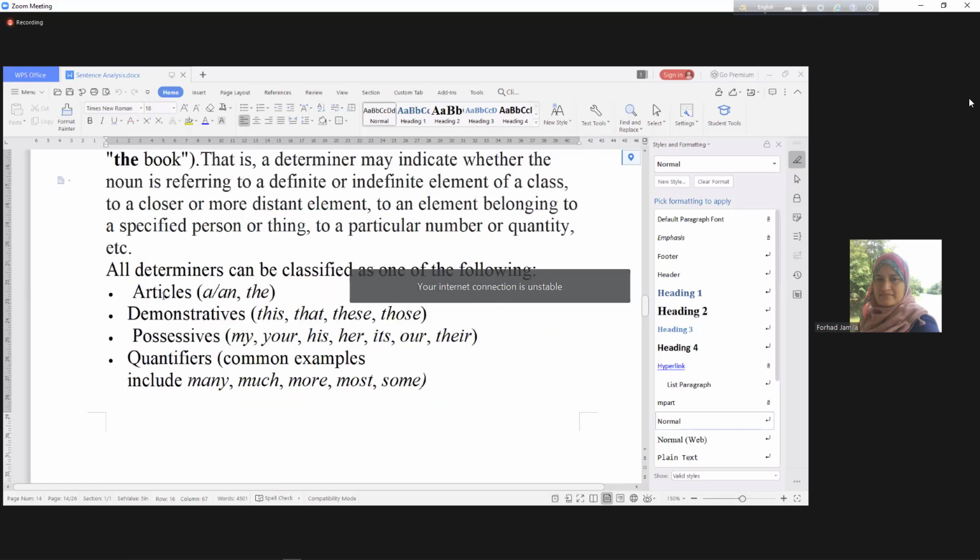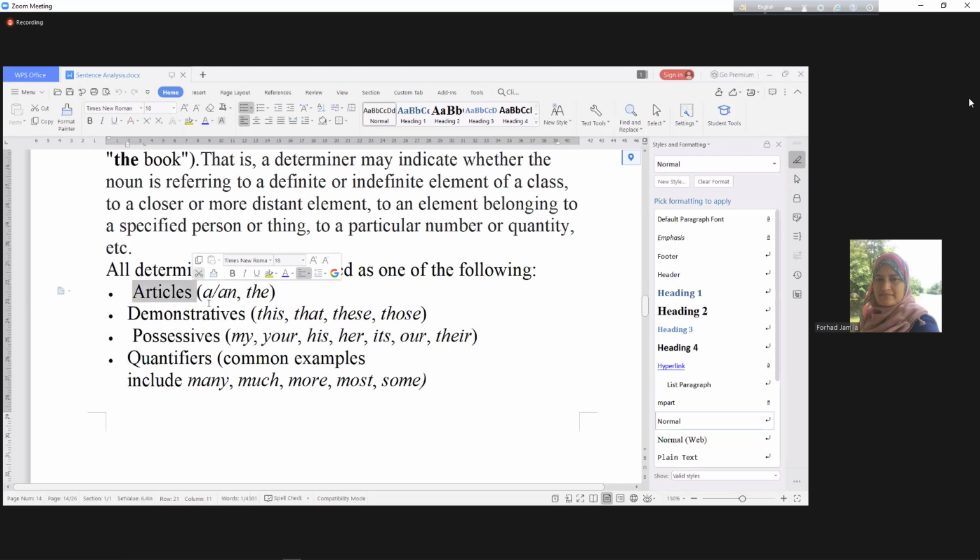So these are the examples of determiners. First of all, articles. Articles are also called determiners, and we know in English there are three kinds of articles. And demonstrative pronouns are also used to mention things definitely, by distance: this book, that book, these books, those books.